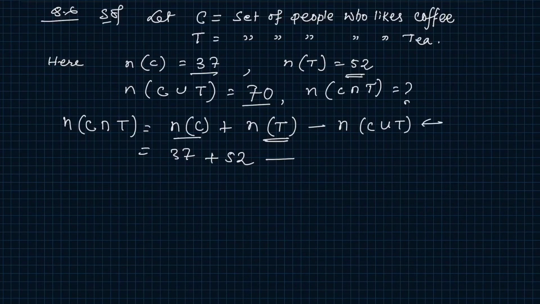Then C union T is 70, so let's put here 70. That's equal to 89 minus 70, which is equal to 19.